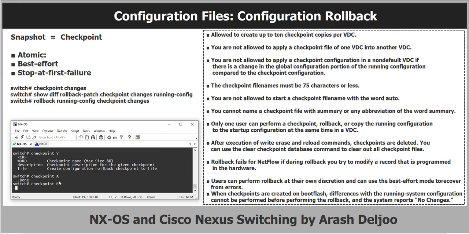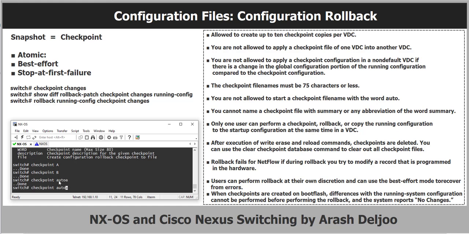And after that, let me try a checkpoint with auto, checkpoint auto A, for example. Okay, we need to use a space here. Look at here, it is not accepted. Actually, we are not allowed to start a checkpoint file name with the word auto.